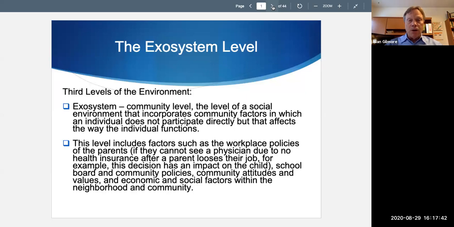There might be community attitudes and values. You may feel very much that you are a person who's progressive and forward thinking, and maybe you're residing in a community that's quite politically conservative, and that can always be a challenging situation. And finally, there might be economic or social factors within a neighborhood or a community that would impact a family in terms of being able to be successful.